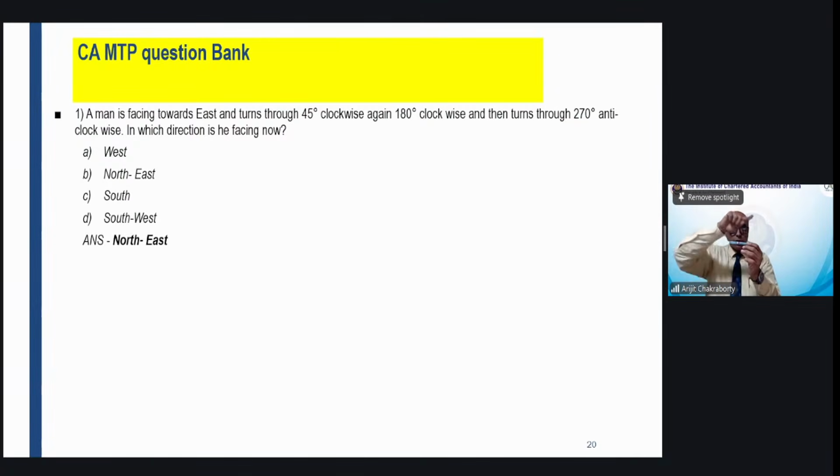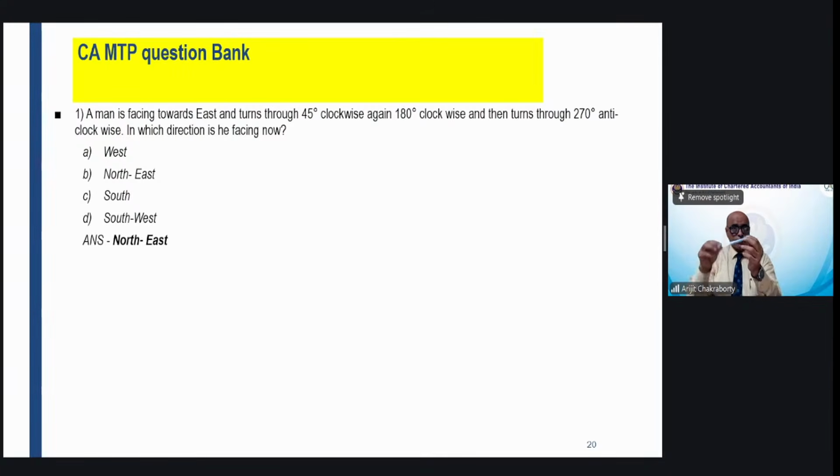Clockwise means as the clock ticks. The hand of the clock is moving down, right? So a 45-degree clockwise turn means this man is now facing southeast.